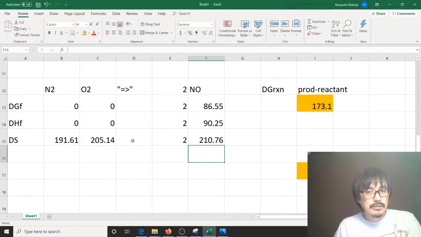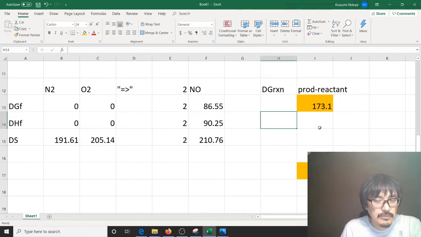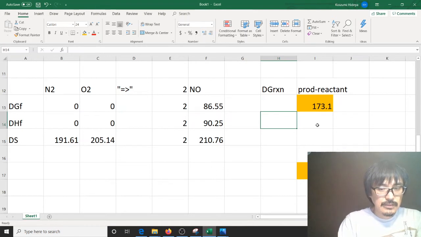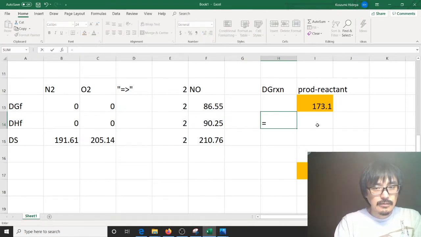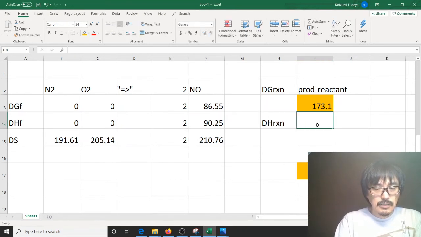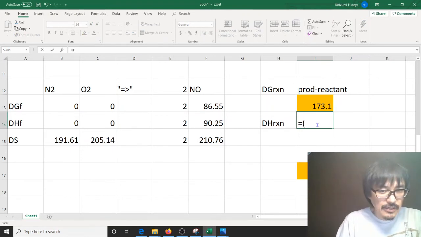Okay, so the delta H of reaction is equal to product, always product minus reactant, right?